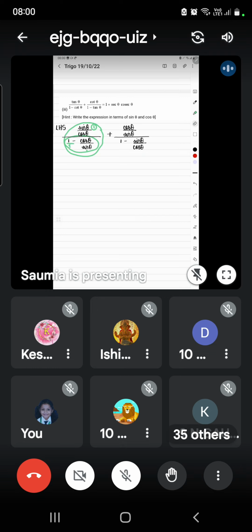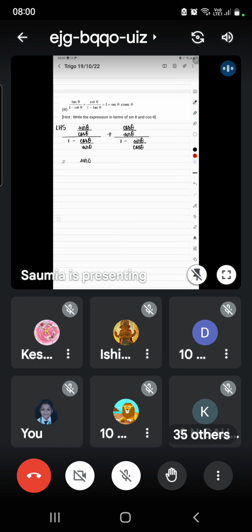So we are going to concentrate on the denominator of the first fraction. That's what we are going to do one by one. Let's start. Just look at the denominator part.